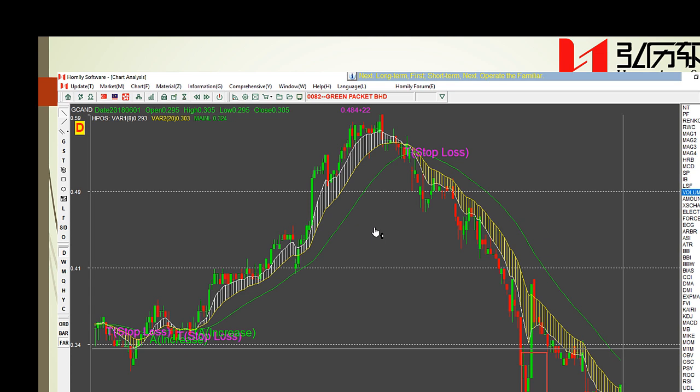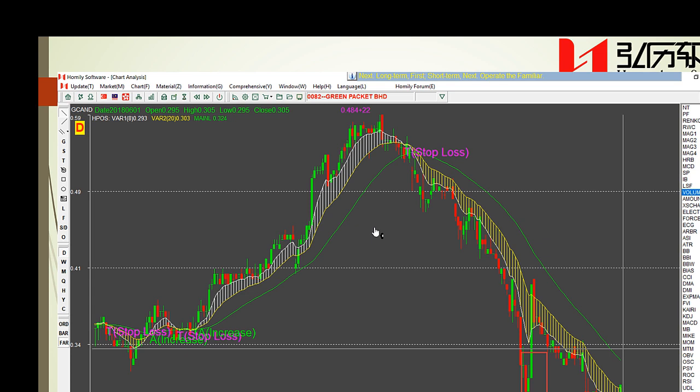We have mentioned already that this white band and this green line are the support in an uptrend. So from this candlestick we can know it is the support, and we have no need to sell it. If we want, we can increase our position here, because it is a low point.